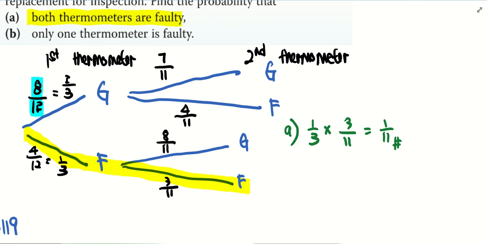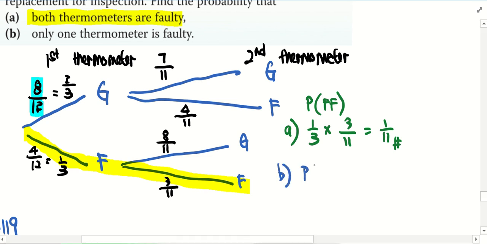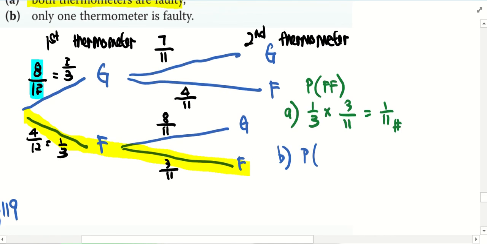In the previous question, the probability that both thermometers are faulty. Am I right? Okay, it can be presented this way, but you don't have to write it. But I'm going to write the second one. The probability that one of the thermometers is faulty. What are the possible cases?